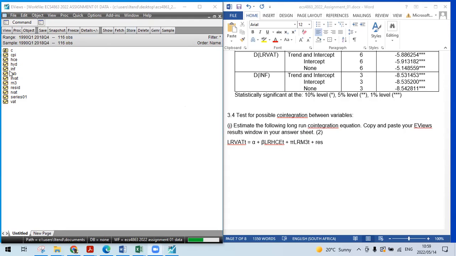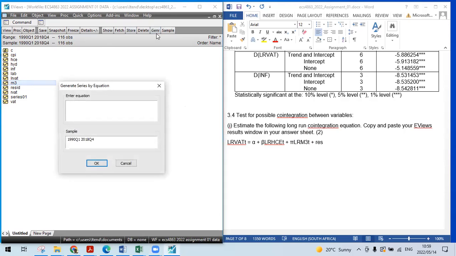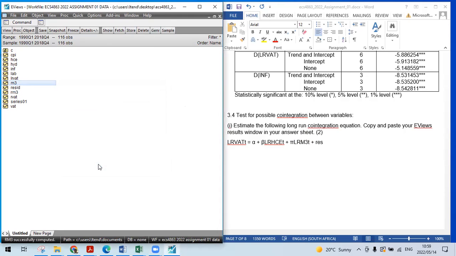So I want to start with M3. How do we make M3 real? You go to generate. We want to have RM3, which should be equal to the nominal money supply, M3, divided by CPI, multiplied by 100. If you do this, you have your RM3.